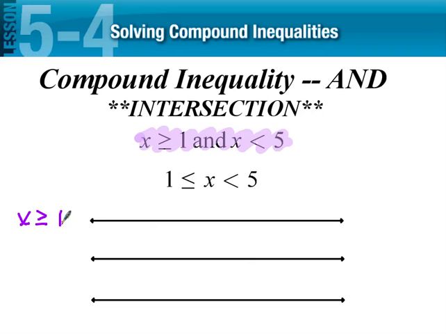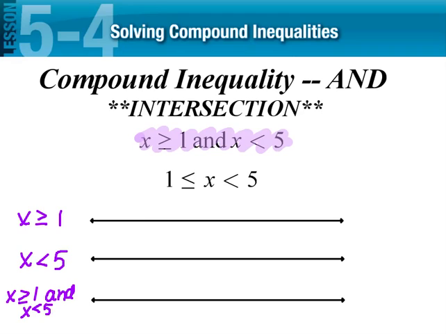On the second number line, I'm going to graph x is less than 5. On the third number line, I'm going to graph x is greater than or equal to 1, and x is less than 5. I said less than, I meant greater than, sorry.